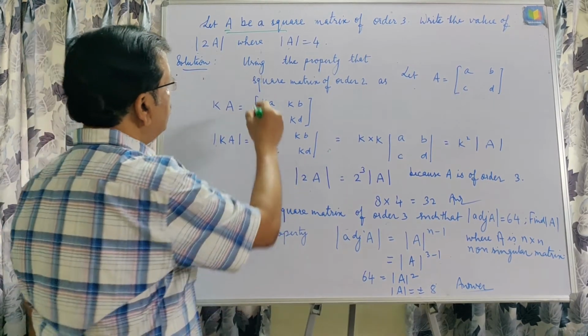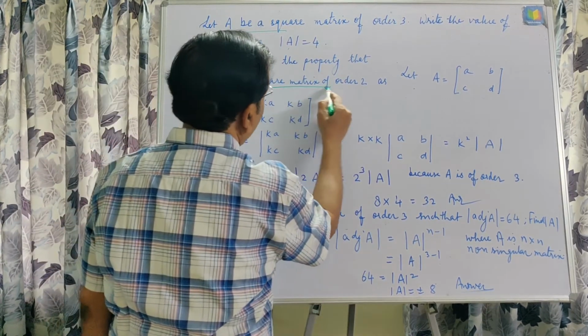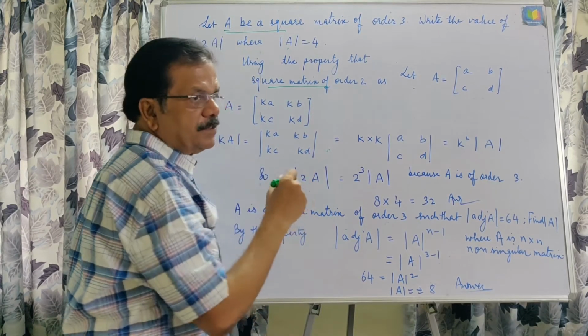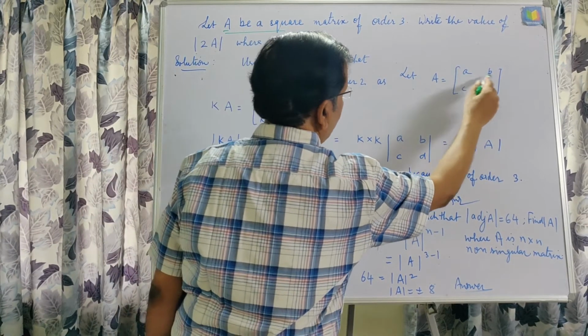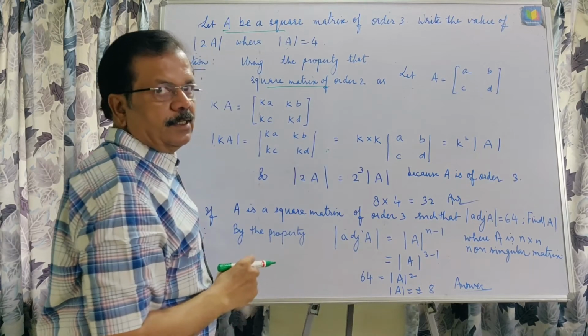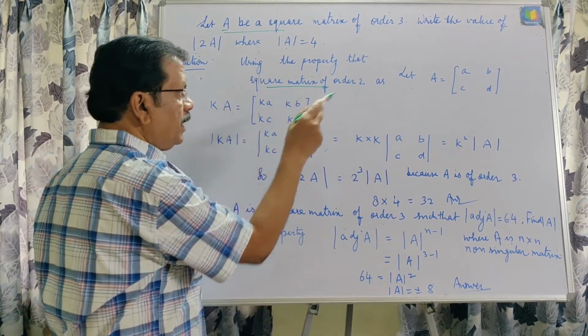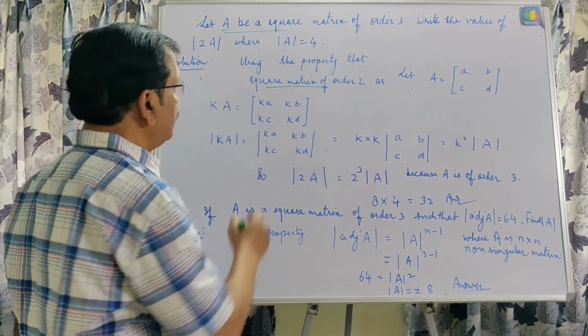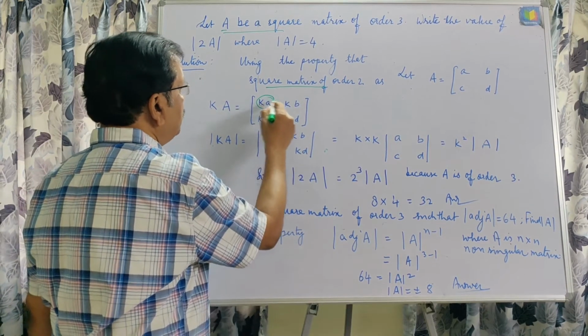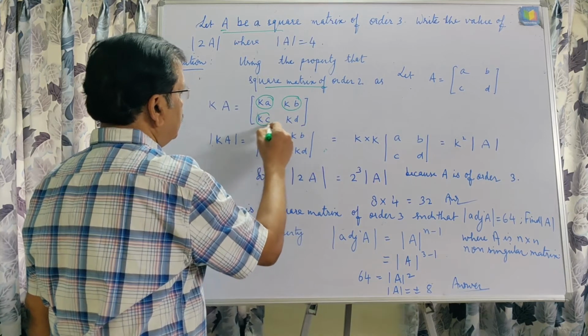We know this property: if we are given any matrix A equal to [a, b; c, d], 2 rows, 2 columns, and if we multiply by K, any scalar quantity, then each element will be multiplied.